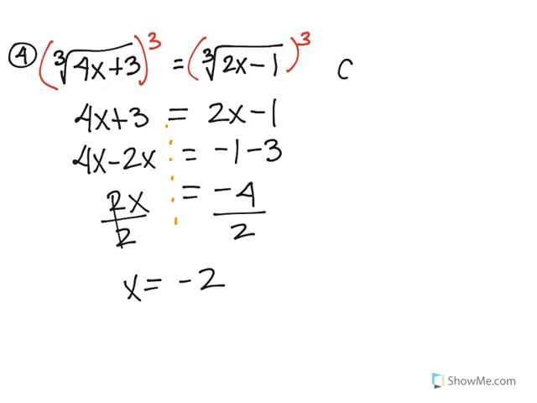Okay? But I'm not going to go against the rule. The rule says you still need to do what? Check them. So plug in that negative 2 back into the original.